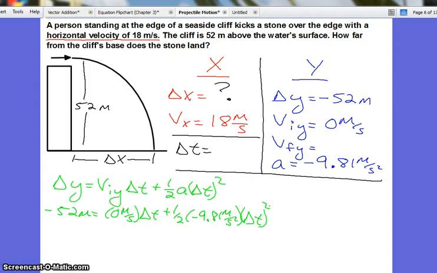We'll notice that 0 times delta t in the first case is 0. Anything times 0 is 0. So we're left with negative 52 meters equal to 1/2 times negative 9.81 meters per second squared times delta t squared. We solve for our time, and we get 3.26 seconds.